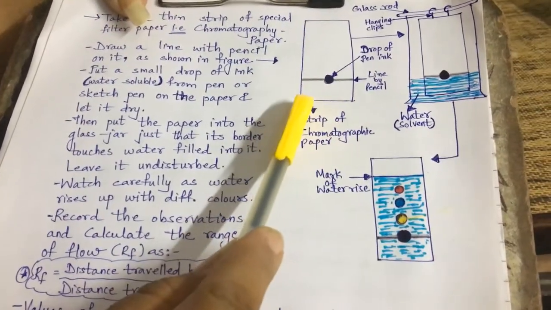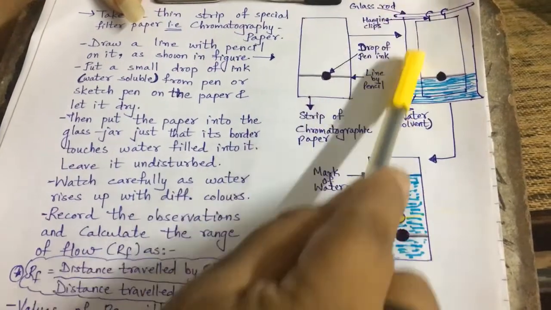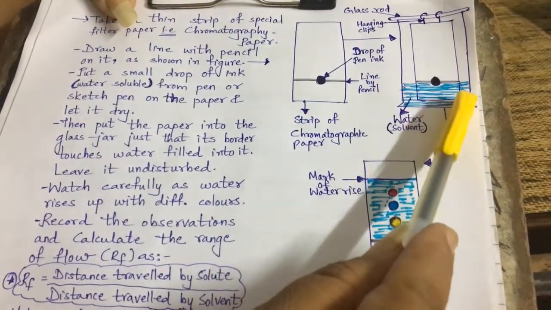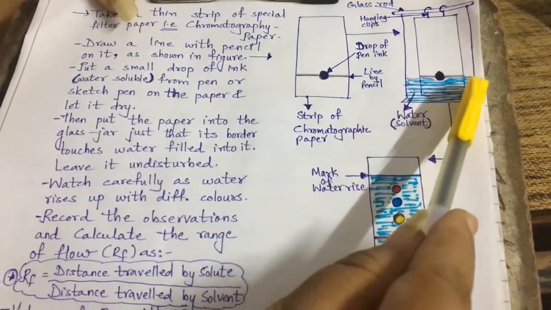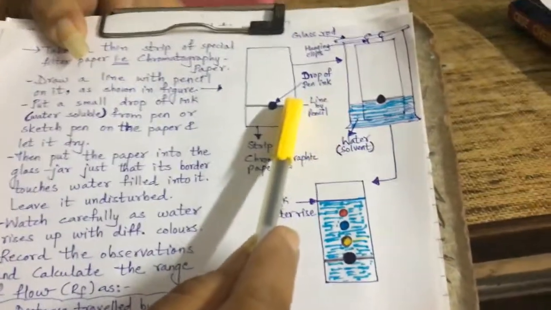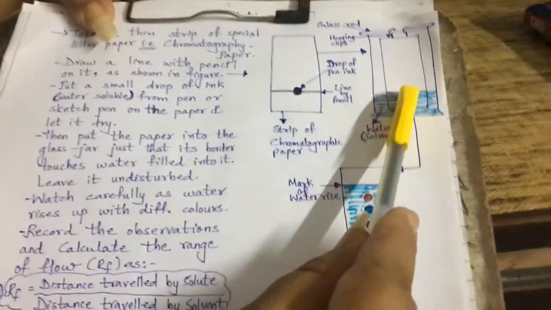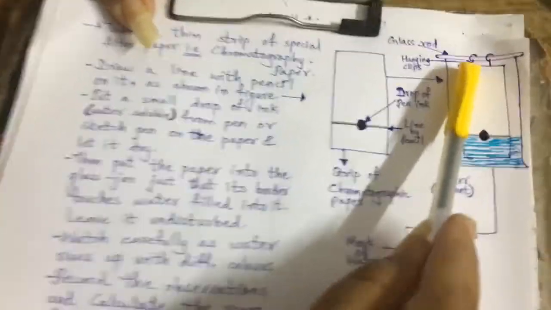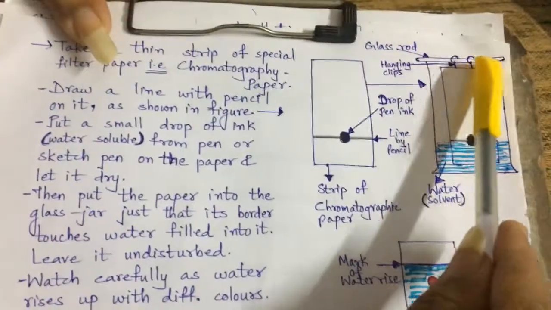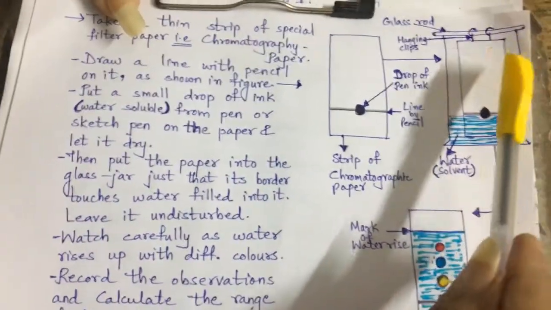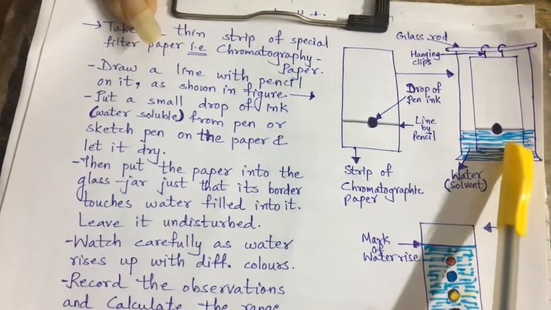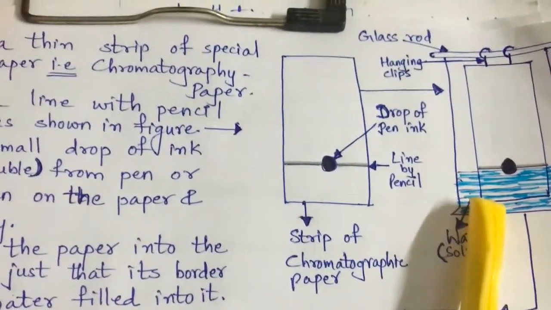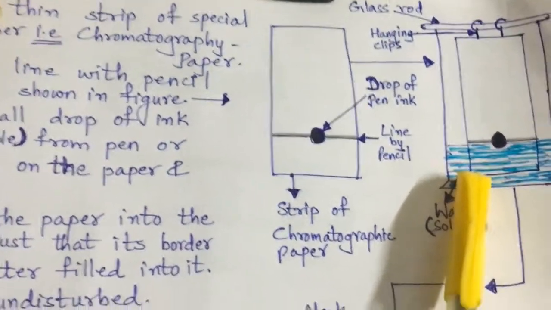Then we have to place this strip into a glass jar which is filled with water, up to the level where the marked line just touches the border of the water. This paper is hung by clips on a glass rod, and then you have to keep it for 2-3 hours, and then you have to observe.